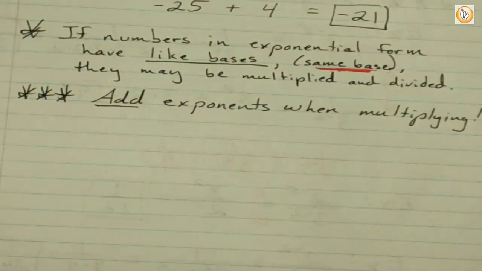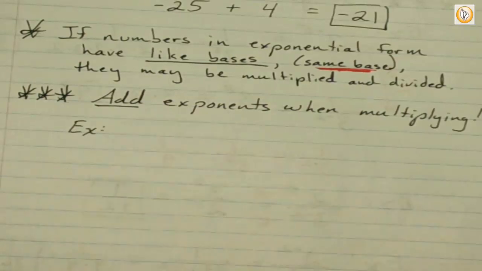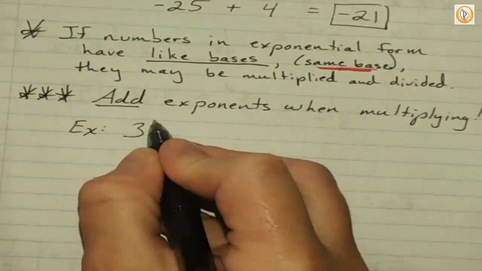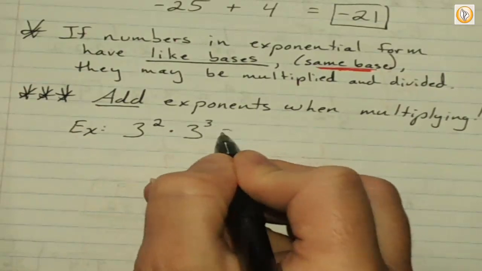I'm going to give you an example. Let's say I have 3 to the power 2 times 3 to the power 3.